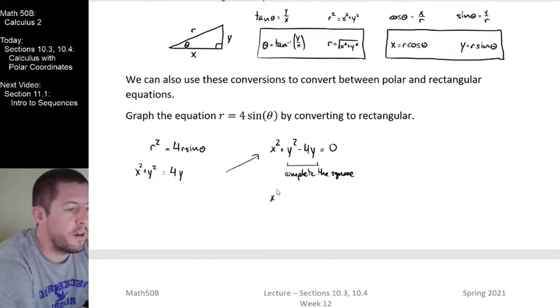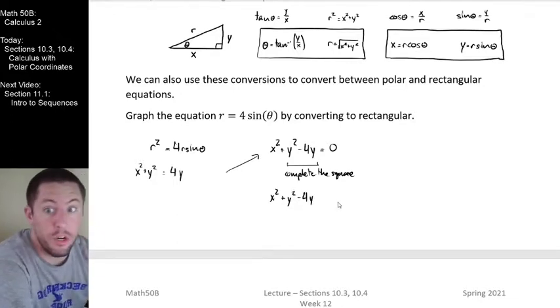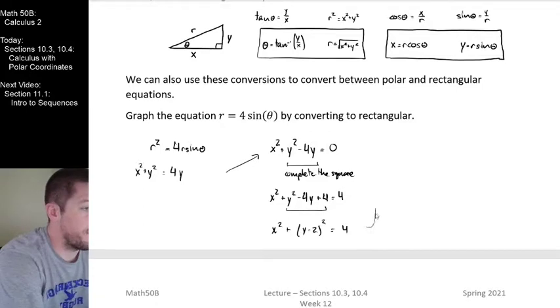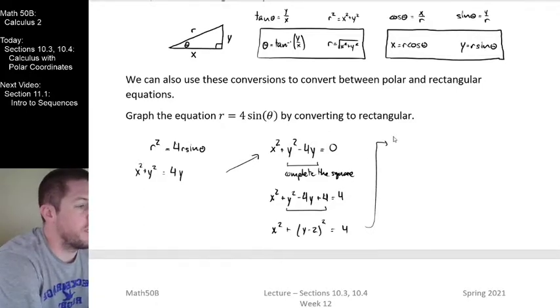What do I need to do to complete the square? You should be able to answer this. I want to add 4 to both sides so that these terms become x squared plus y minus 2 squared equals 4. Now this is the equation of a circle with a radius of 2.